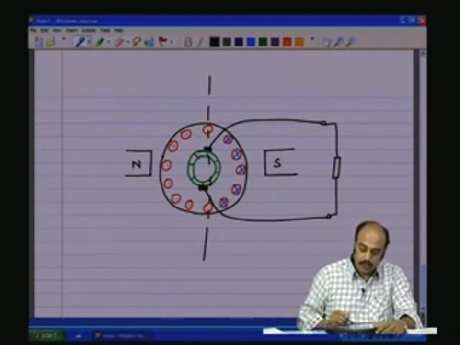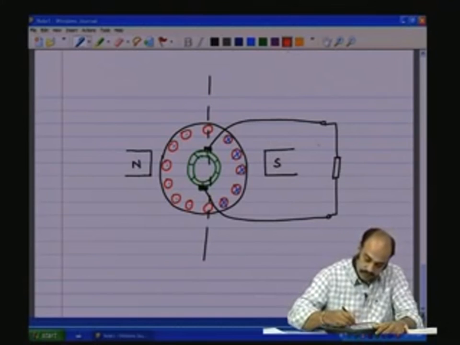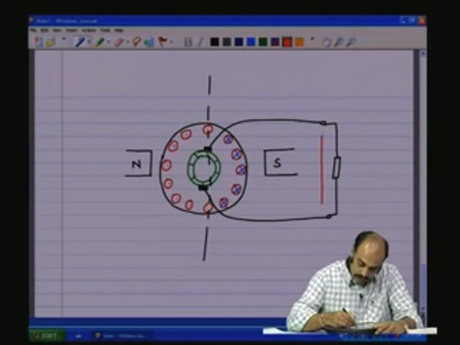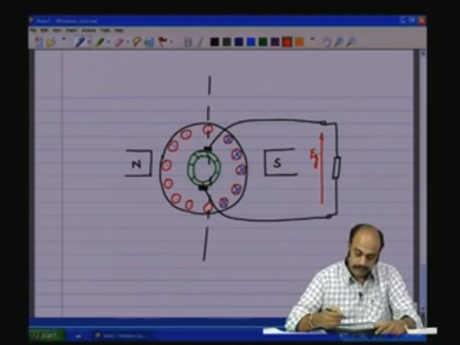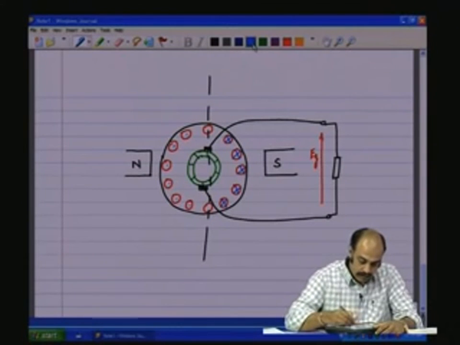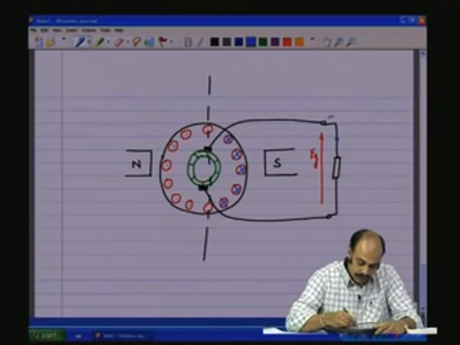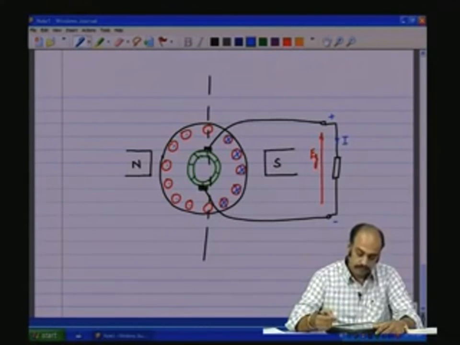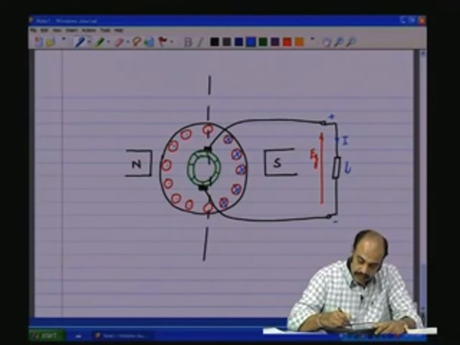Now, we apply a load to the external circuit, which has a voltage induced Eg due to the generator action, and there is a current that flows through the external load. Okay. So, this is a current I and there is a load RL.